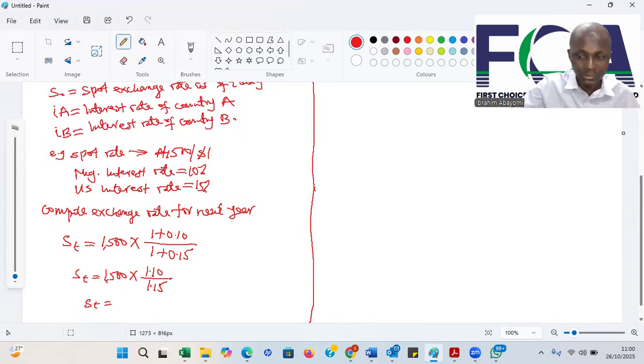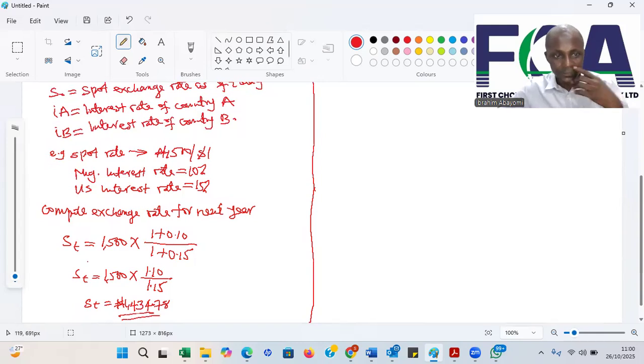Exchange rate for next year should be 1,434.78.